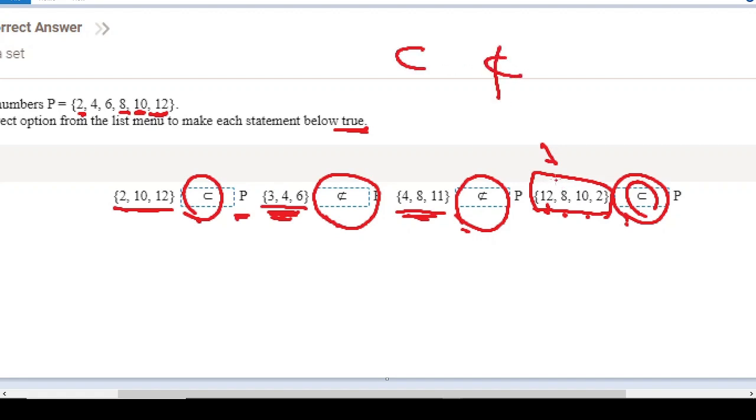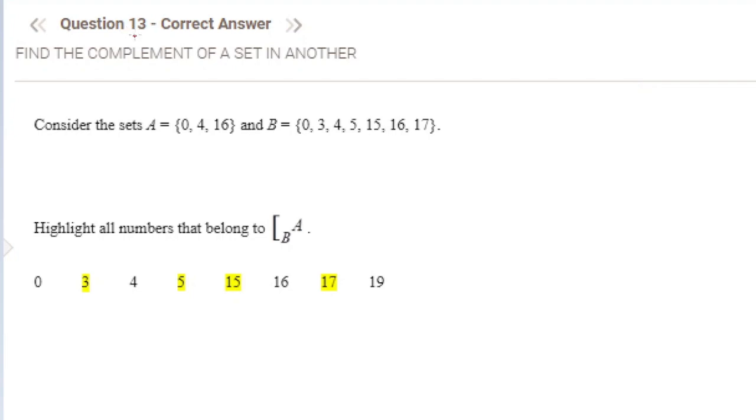Question number 13. Consider the set A having the numbers 0, 4, 16 and B having the numbers 0, 3, 4, 5, 15, 16, 17. Highlight all numbers that belong to this symbol. This symbol means the complement of a set in another.